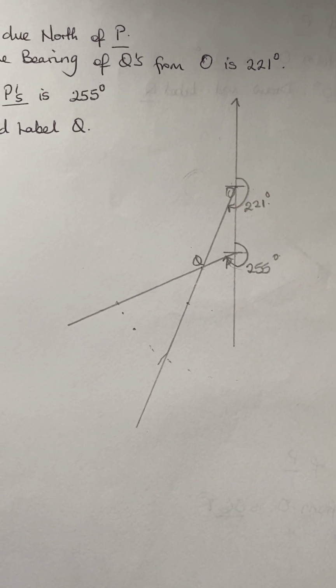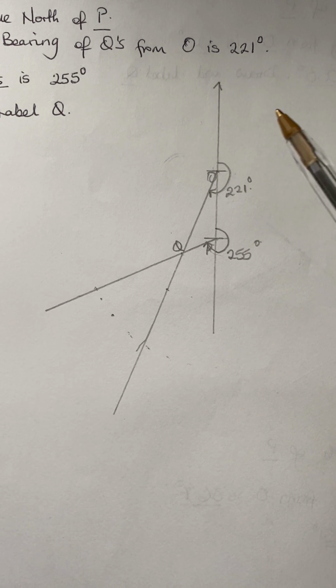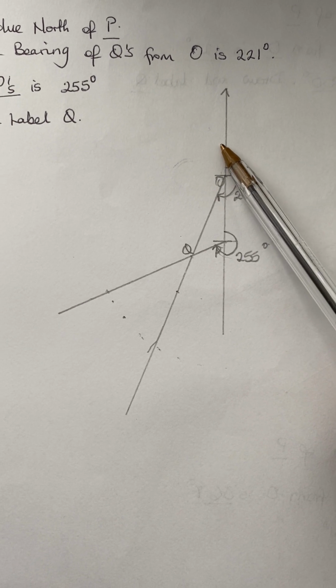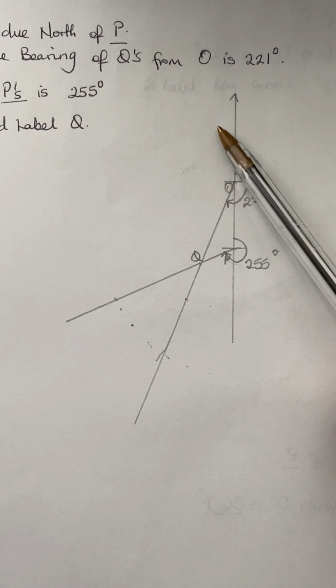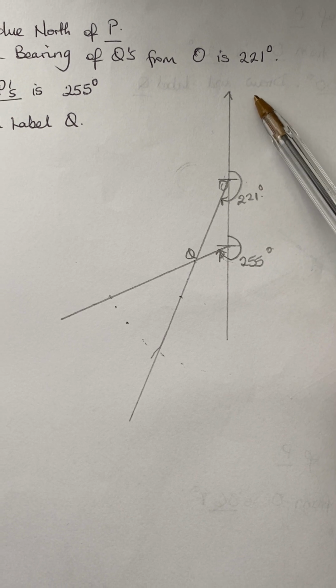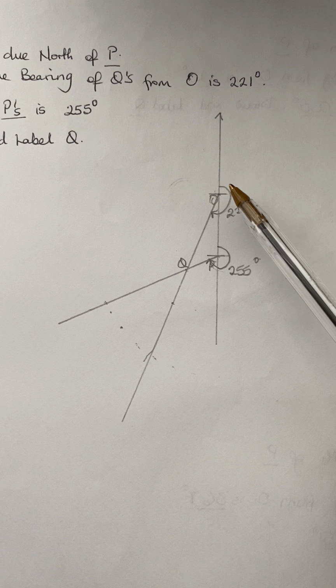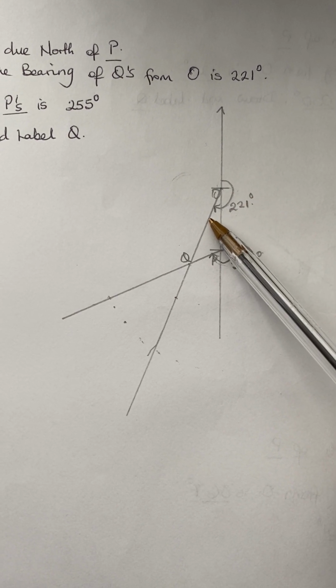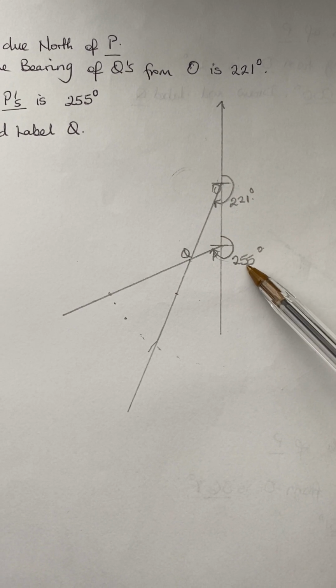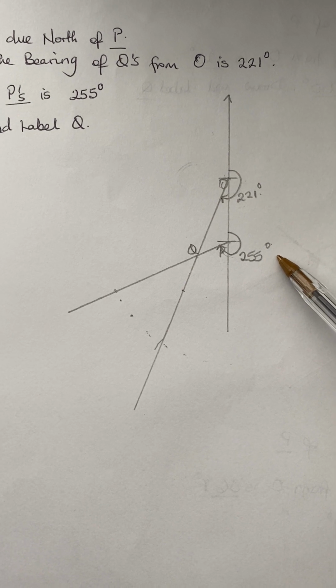I haven't been given a measurement, so I just choose any point on my line, assuming this is my north. And I did all my measurements clockwise, and all my angles are in 3 figures. That is the most important thing.